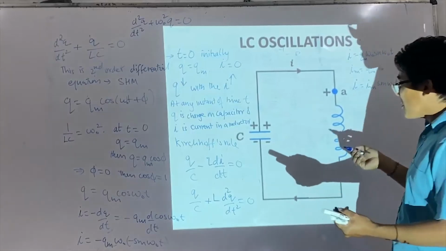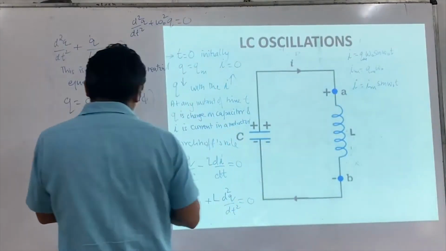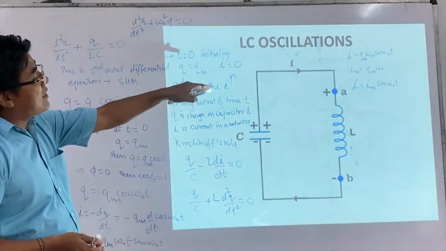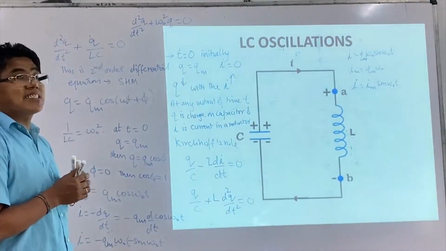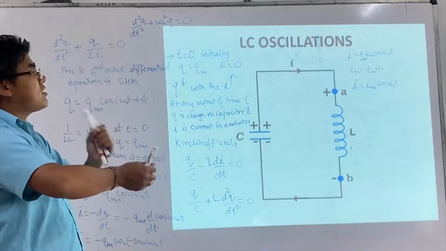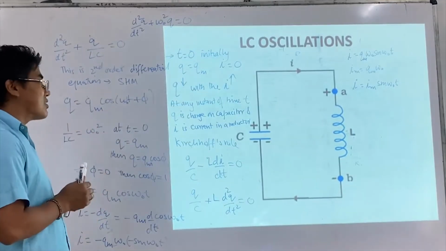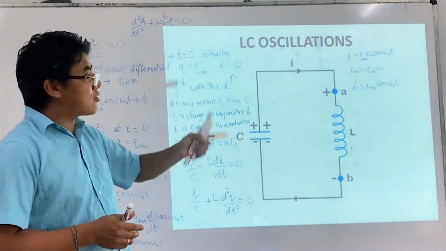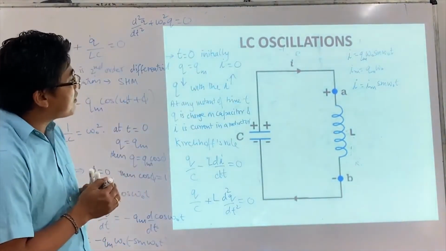Look at this. It is a very simple fact that Q is represented by a cos and I is represented by a sine. So these two are inverse. That means if the charge is decreasing, the current has to increase. This tells the simple harmonic nature.